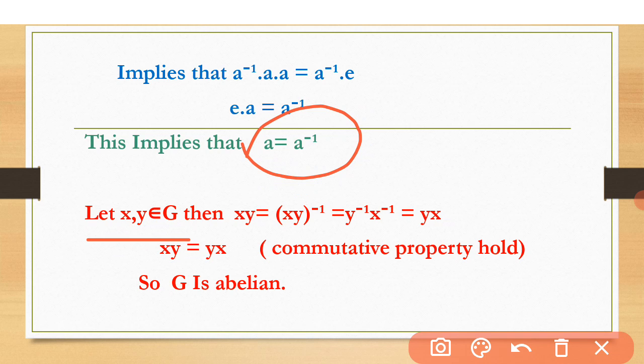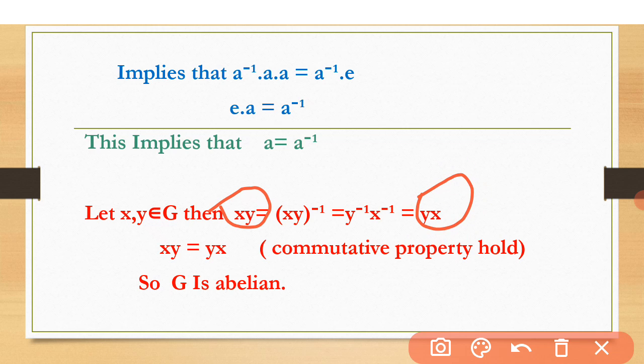A is equal to A inverse, B is equal to B inverse, X is equal to X inverse, Y is equal to Y inverse, and X into Y is equal to X into Y inverse. As we know the property of inverse, it changes the order. So Y comes first, Y inverse times X inverse, and we know that Y inverse is equal to Y and X inverse is equal to X. Hence XY is equal to YX, which means the commutative property holds. Commutative property holds means that it is an abelian group.